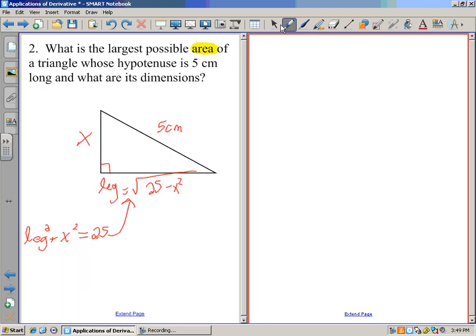Okay, so I'm going to write that the area in terms of my side x is 1/2 the base times the height. So it's 1/2, I'm just going to write the x first, times the square root of 25 minus x squared.